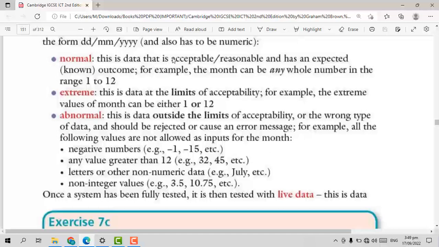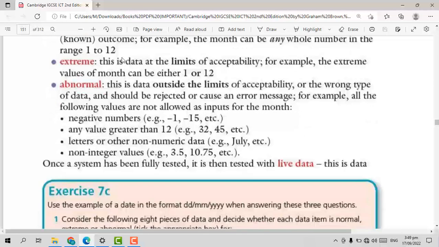Everything that you entered that is acceptable is normal. Extreme is data at the limits of acceptability. For example, the extreme values of month can be either 1 or 12. If it was days, then it can be 1 or 30, for example. We call that extreme. Then you have abnormal.